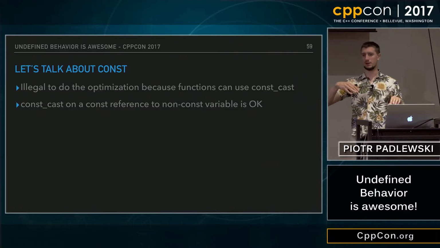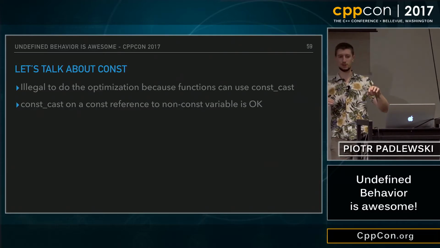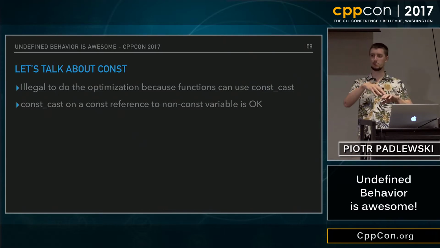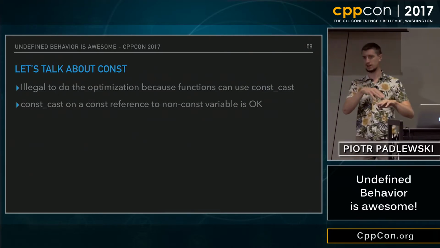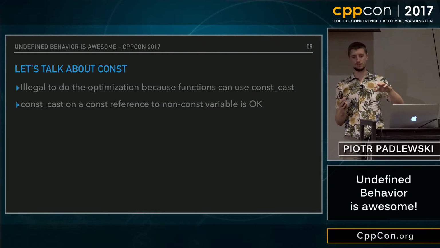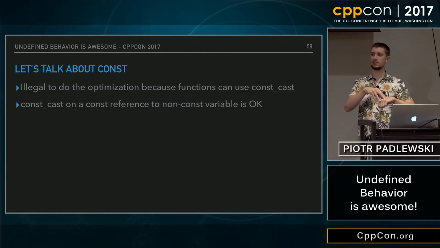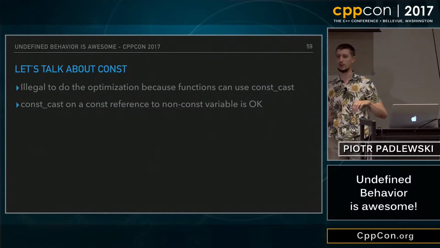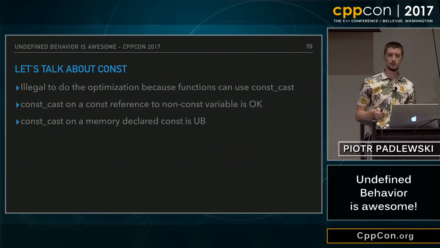If you have a const reference or const pointer that points to some memory that was not declared as const, then it is legal to do a const cast. If we have a const reference to a variable that was declared as const, like a const integer, then it is undefined behavior to do a const cast.